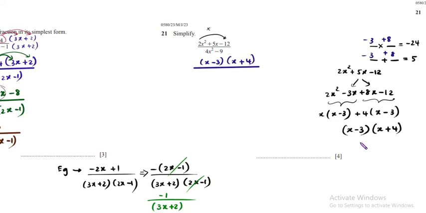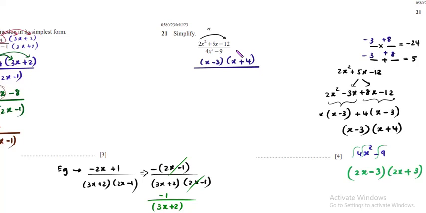In this case, we have 4x squared minus 9. When factorizing the difference of squares, it's going to be like this. All the terms in this expression are square rooted. So it will be 2x, since the square root of 4x squared is 2x, and the square root of 9 is going to be 3. Put this 2x and 3 in 2 brackets, one bracket with a minus, the other bracket with a plus.